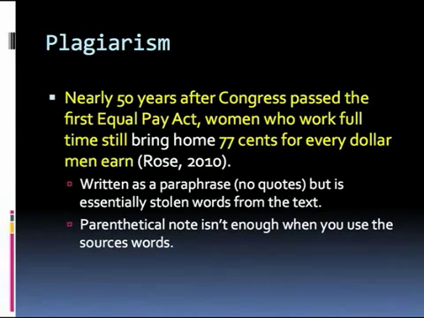But the second problem is by changing earn to bring home, we haven't actually paraphrased this. It's still all those yellow words. It's still the author's words. So what we would be best doing in this case is changing bring home back to earn, making it back to the original, and putting quotation marks around everything to indicate this whole thing is from our source.